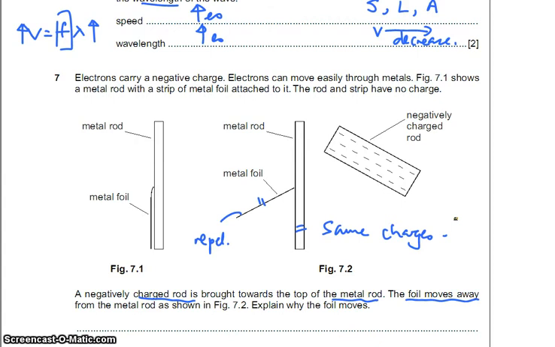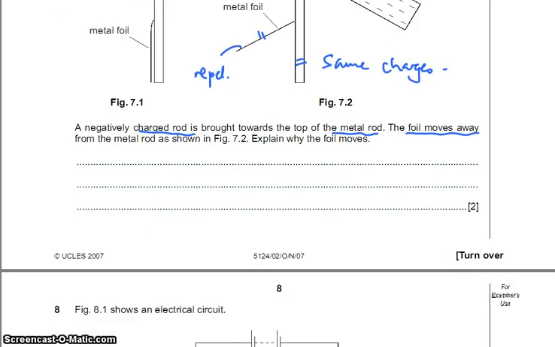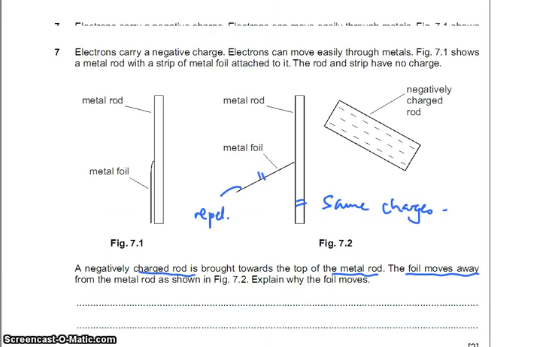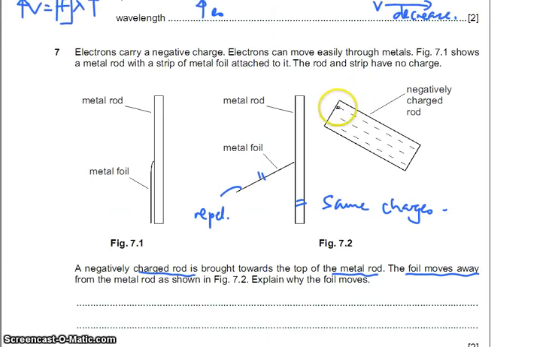So now you got to explain why. In order to do that, first of all, let's look at the diagram. If this is a negative charged rod, you would have induced positive charge here, and so the negative charge will be repelled to the end here, as well as to here. That's the reason why this metal foil repels, because of the negative charge. So how are we going to explain that?